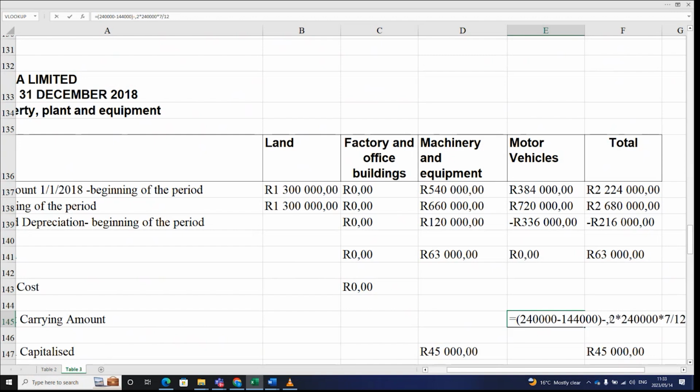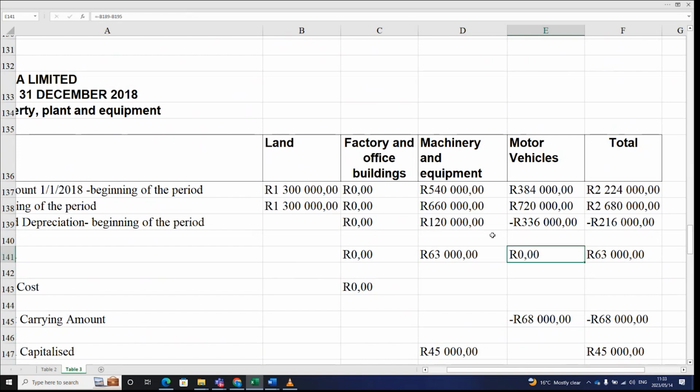So cost minus accumulated depreciation minus depreciation until the asset was sold gives us then the carrying amount of the asset. Okay, right. And that must be a negative. This is going out.